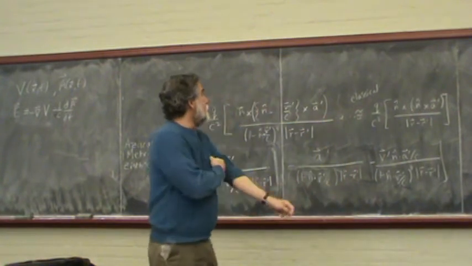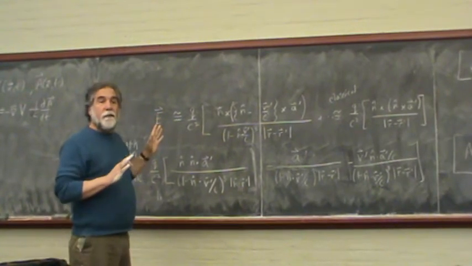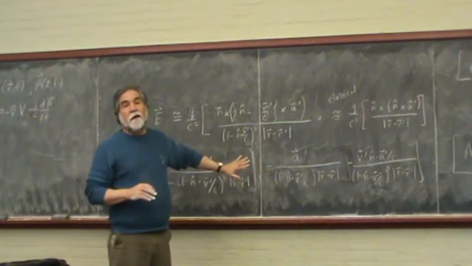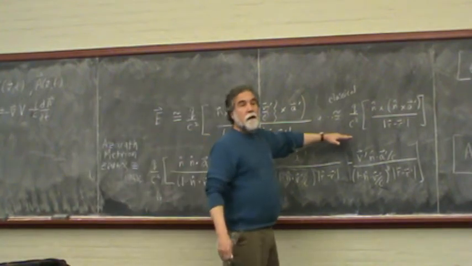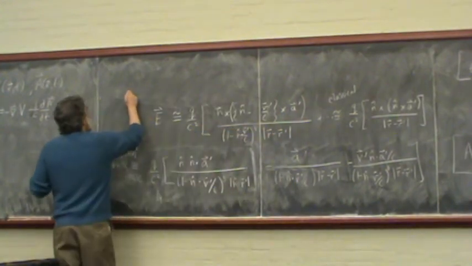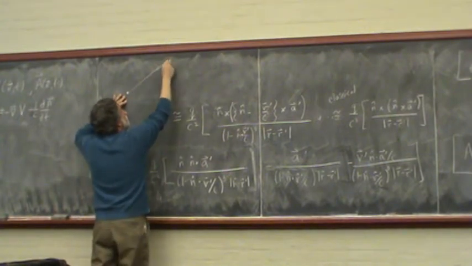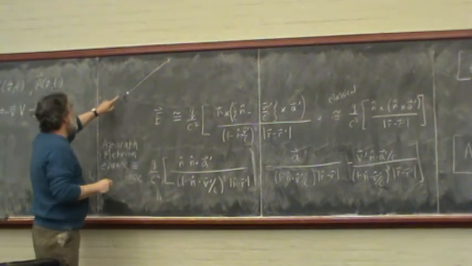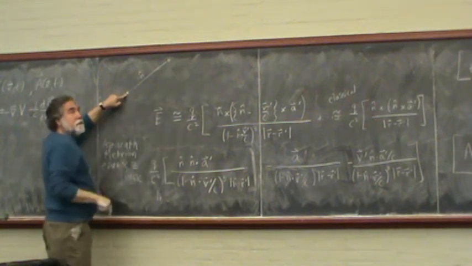So this electric field that we observe, we have to be far enough away that we can discard all the 1 over r squared, 1 over r cubed terms. So this is the lowest order term, all right? But if you think about this electric field, I've got a charge over here, an observation point over there, and so this is my vector n, pointing from here to there, so it points that way, okay?